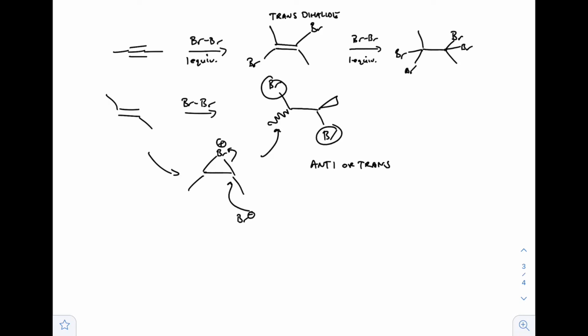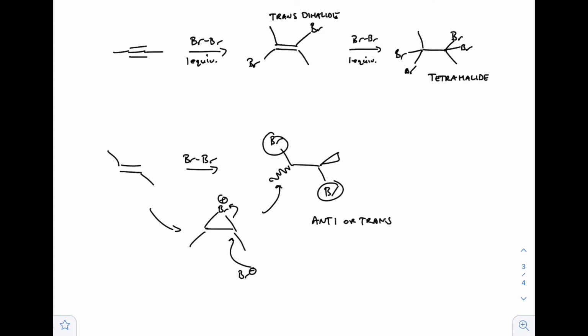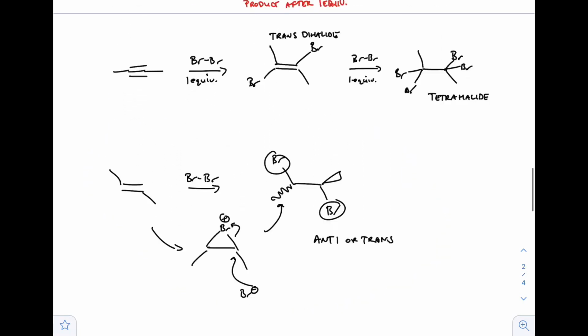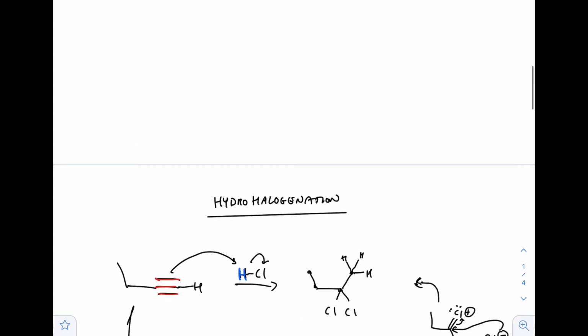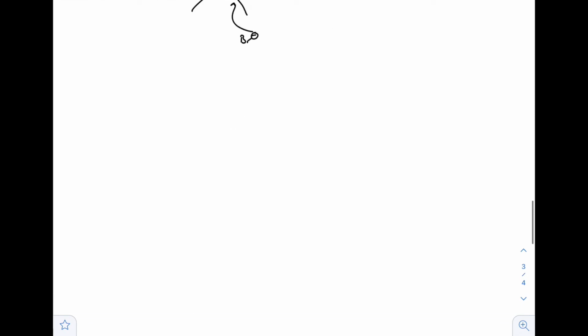Okay, so there's 4 bromines on there, and they're on neighboring carbons, and so that's a tetrahalide for 4 halogens. Okay, so the general mechanism isn't necessarily needed to be reproduced, but you should be aware of the fact that it's the same as alkene addition or alkene halogenation, and it results in trans products if you have 1 equivalent. Okay, so let's take a look at the hydration reaction.